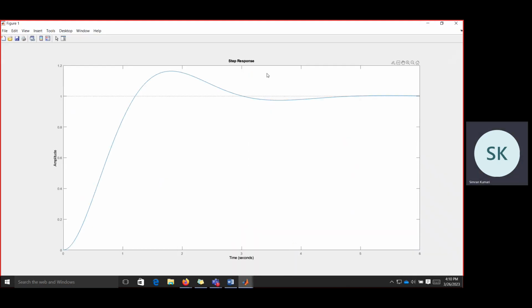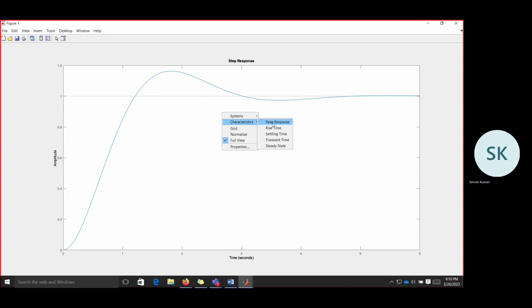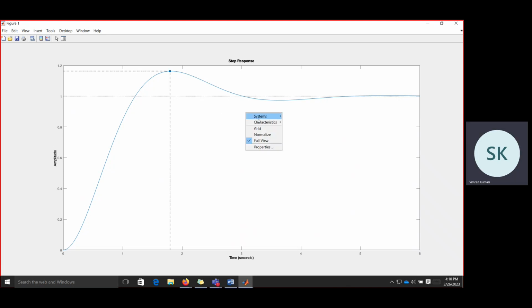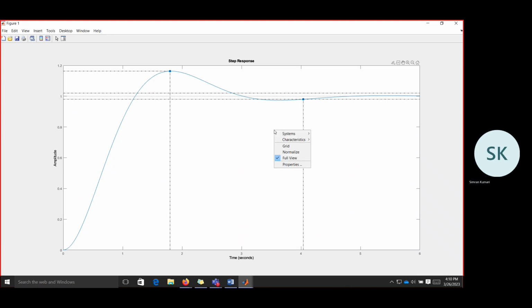So we have this response for the system with improved transient response. Okay. So this is the peak response. Then we had the settling time, and we had some steady state error. Okay.